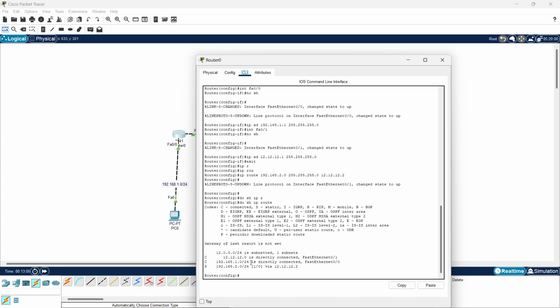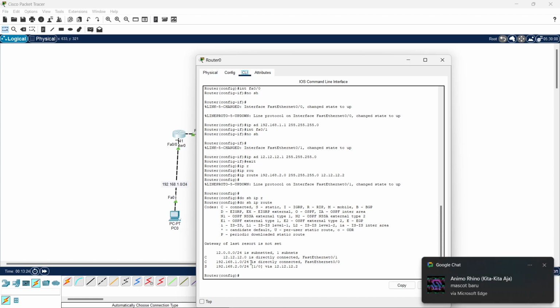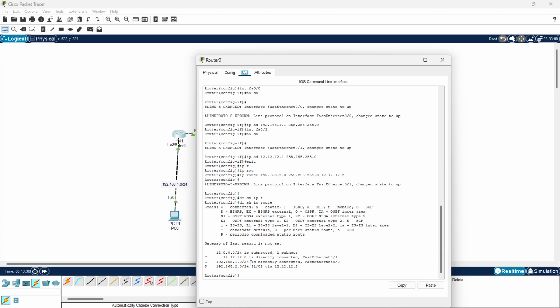Same as the second router, it doesn't know about the network 192.168.1.0/24 in the first router or router 0. So in other words, it is just directly connected.